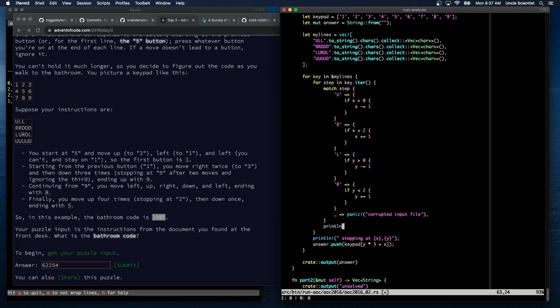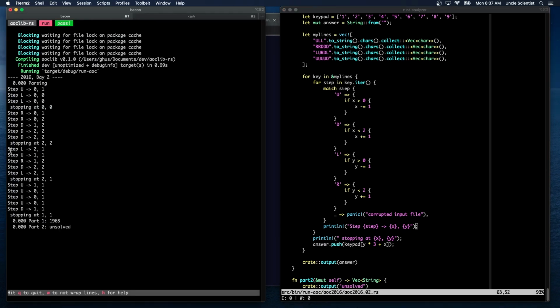Println step moves to x, y. And this should tell us exactly what went wrong for 8.